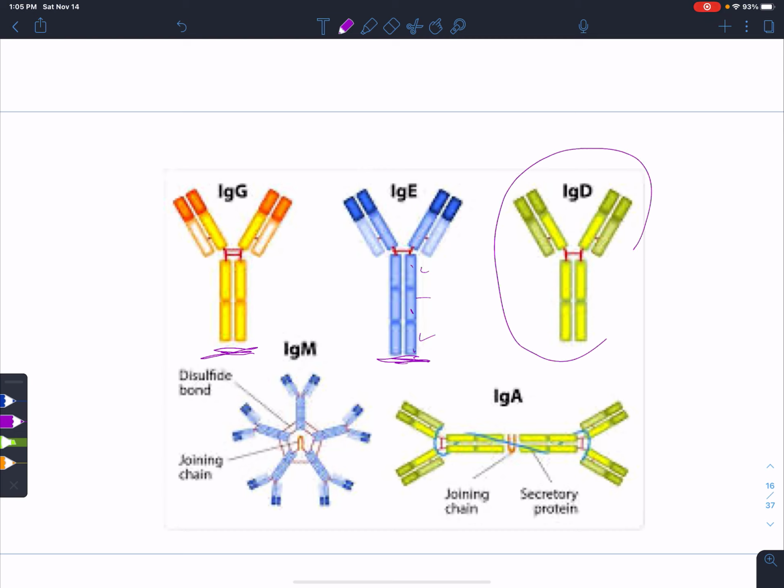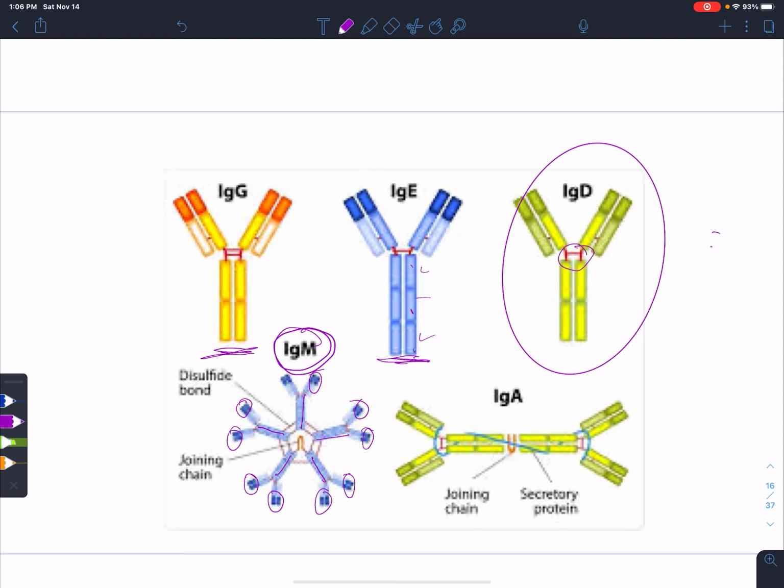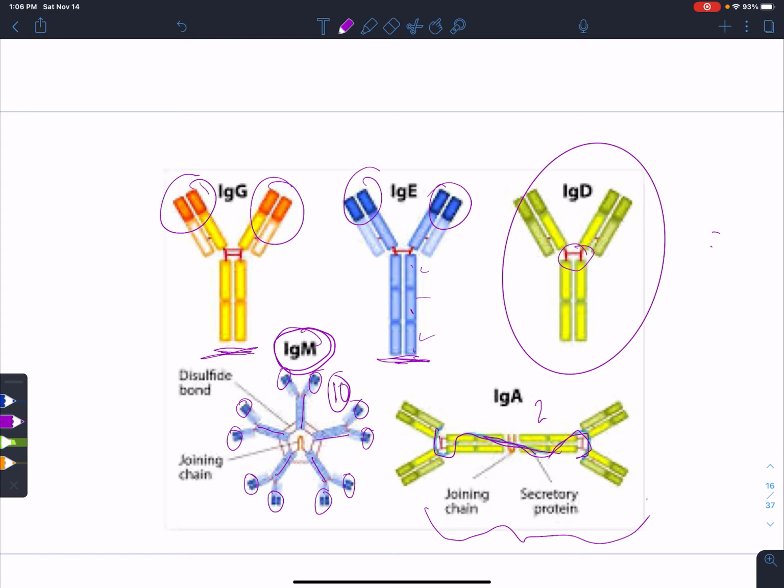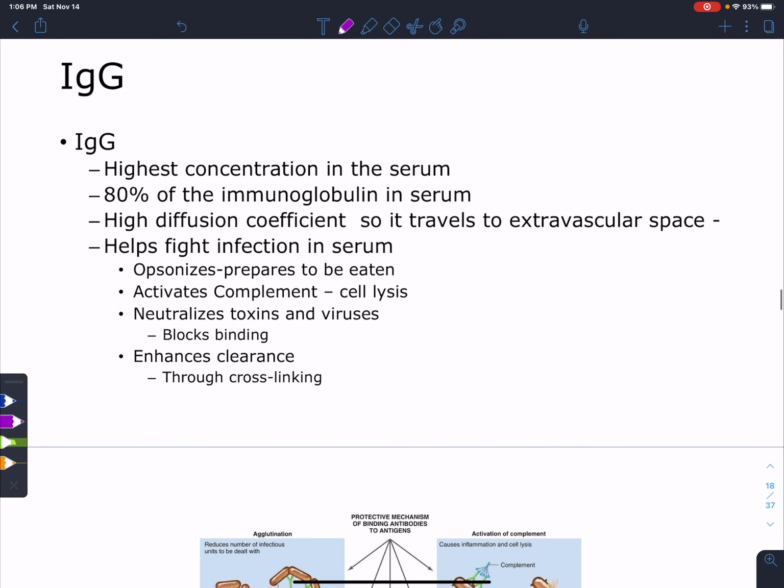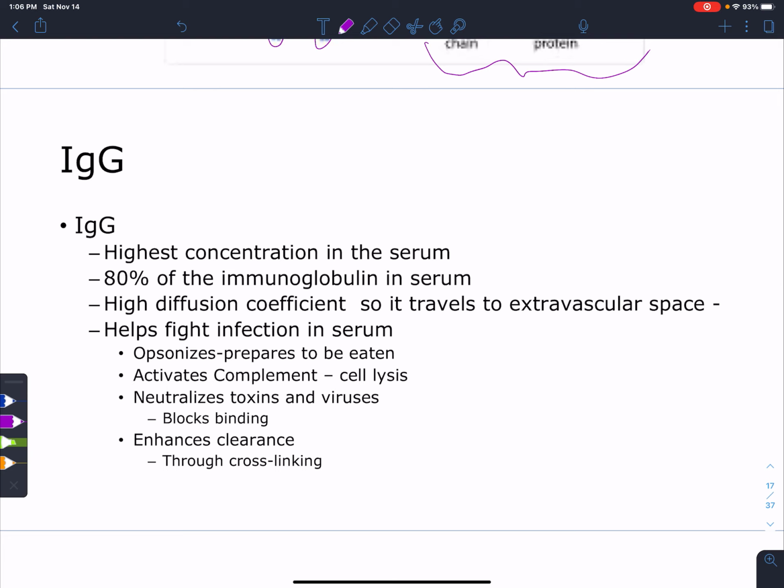There's 5 of them, which also means because each one of these has 2 binding sites, there are 10 binding sites. These guys all just have 2. This one has 10 binding sites. And here's an IgA, and they pretty much show this, usually together with 2. And they have this protein that wraps around to keep it together. That's IgA. And we'll talk about some different characteristics of each one of these.